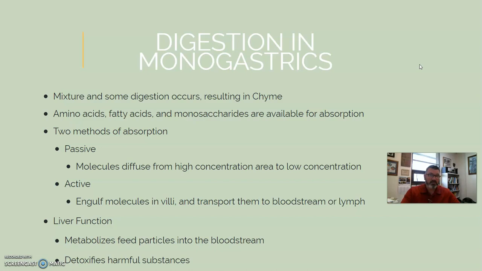They will actually reach out, so to speak, and capture amino acids and pull them into the lymph system so that they can be transported through the body via blood. Of course, liver function is important in here because it's going to help metabolize a lot of different feed particles into the bloodstream. It's your filter or detoxification chamber. If there's any of those kind of toxic substances, it'll capture those and get rid of them for you.